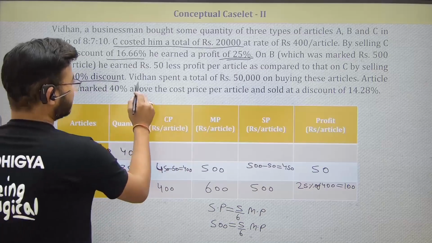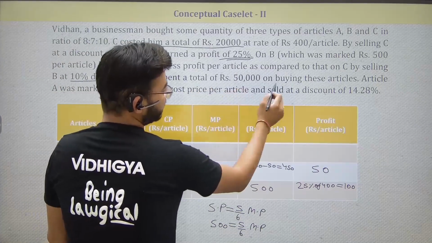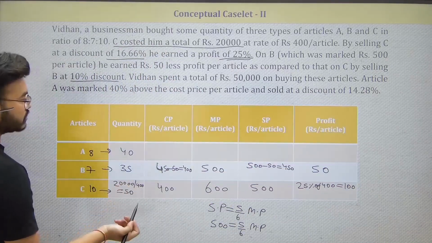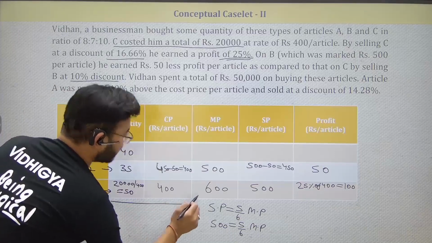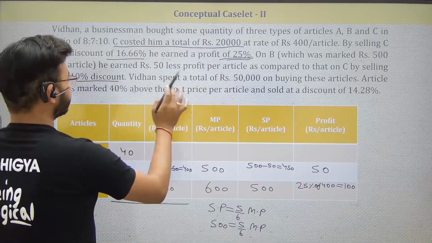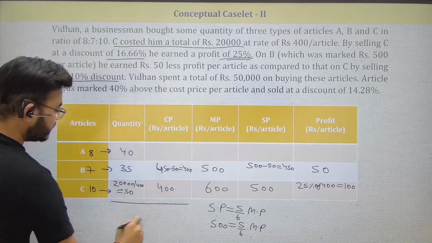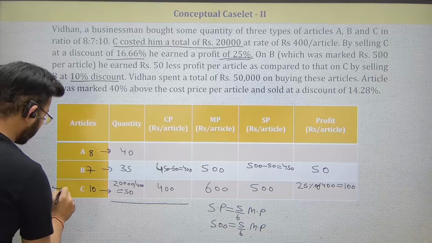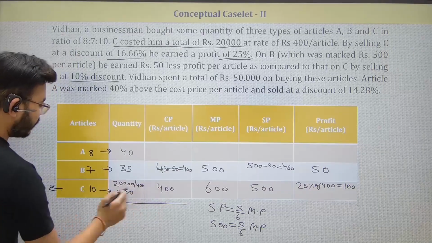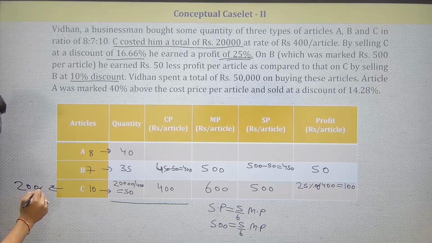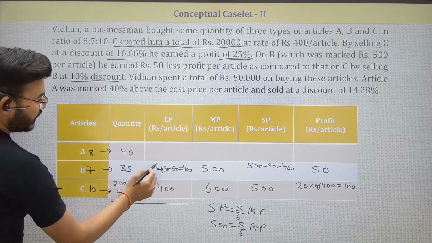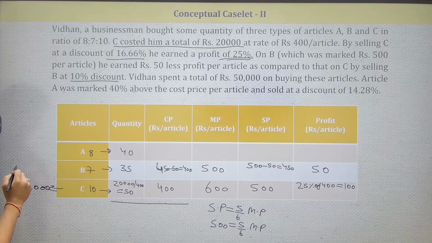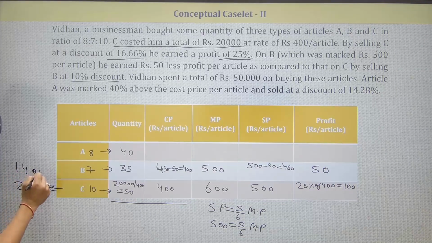Now it is given that Vidhan spent a total of rupees 50,000 on buying these articles. Total cost that was incurred by Vidhan was 50,000. So simply if you do the total cost of C, it will come out to be 50 into 400, so that is 20,000. 35 into 400, so that becomes 14,000.